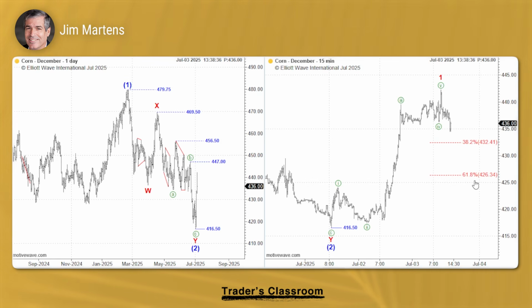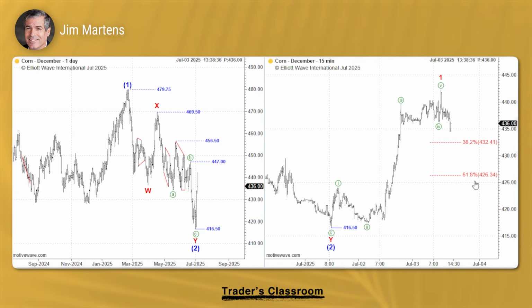Now we're going to follow this setback and follow its structure. If it's in 3 waves and it nears one of these objectives, but structure is more important, then we're going to consider that setback a correction within an advance that's occurring at one larger degree.